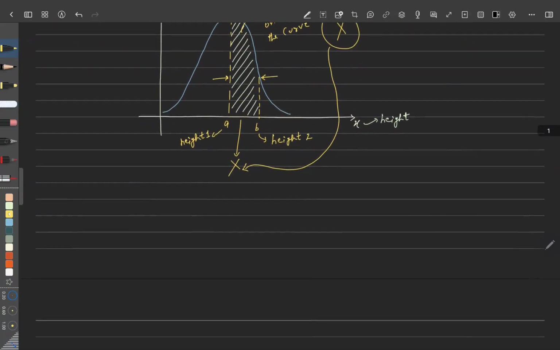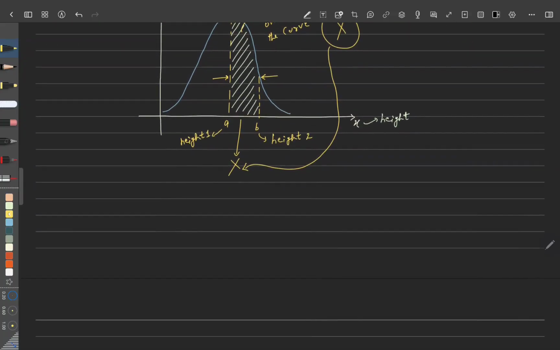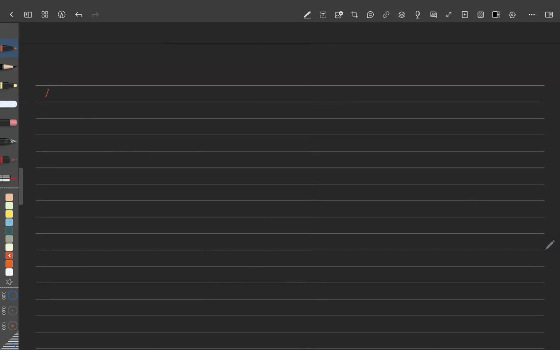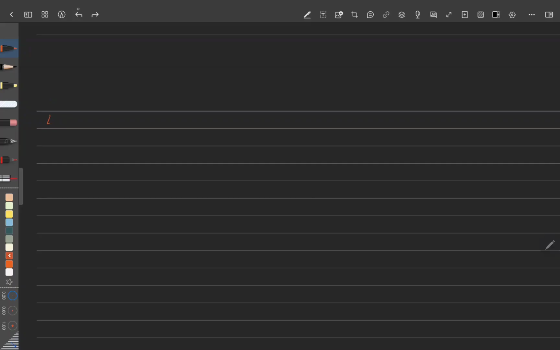So let us consider the curve as a heap of sand. To understand this better, let us consider the curve as a heap of sand.